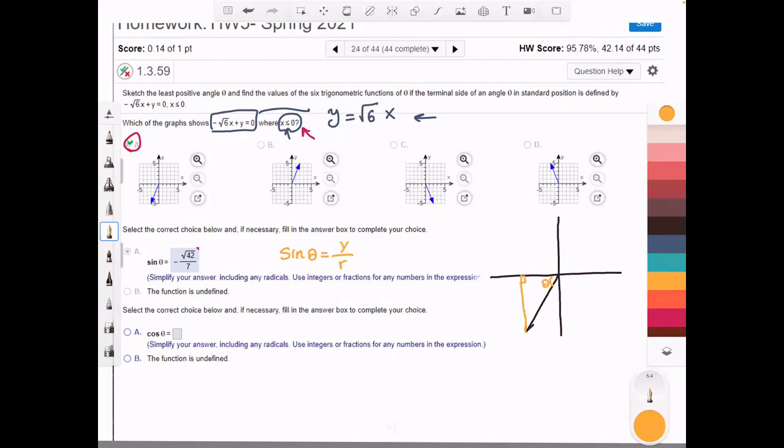This is theta. So what do we know about x and y? This is x, this is y. What is the value of y here?